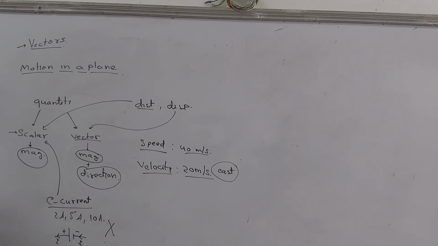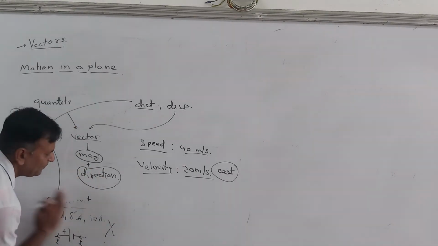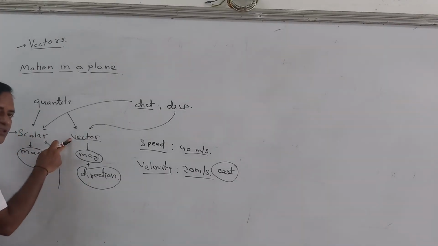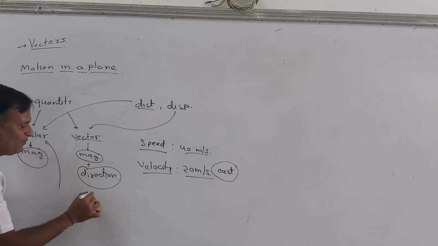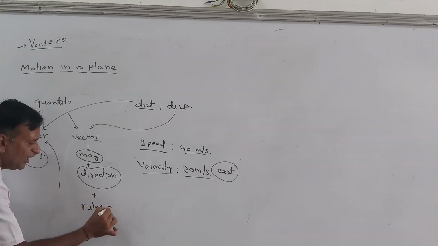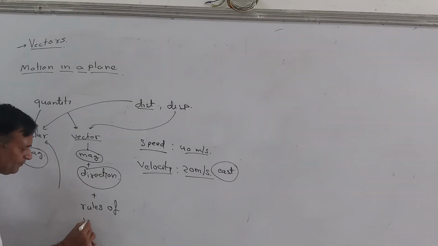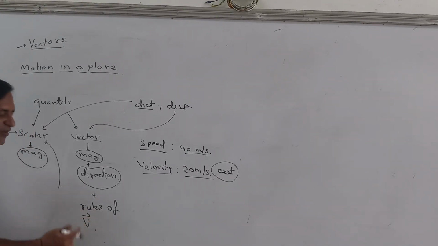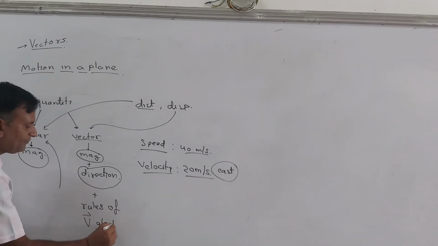Now you would be wondering that if electric current has magnitude and it has a direction, then why is it a scalar? So we have added one more thing to this definition of vector, that is, to become a vector quantity, the quantity must have a magnitude, it must have a direction, plus it should also follow the rules of vector mathematics or the rules of vector algebra.